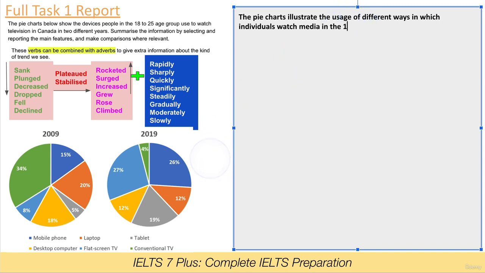In the 18 to 25 age bracket in Canada. In 2009 and 2019. Let's read that back because it might sound a bit wordy.